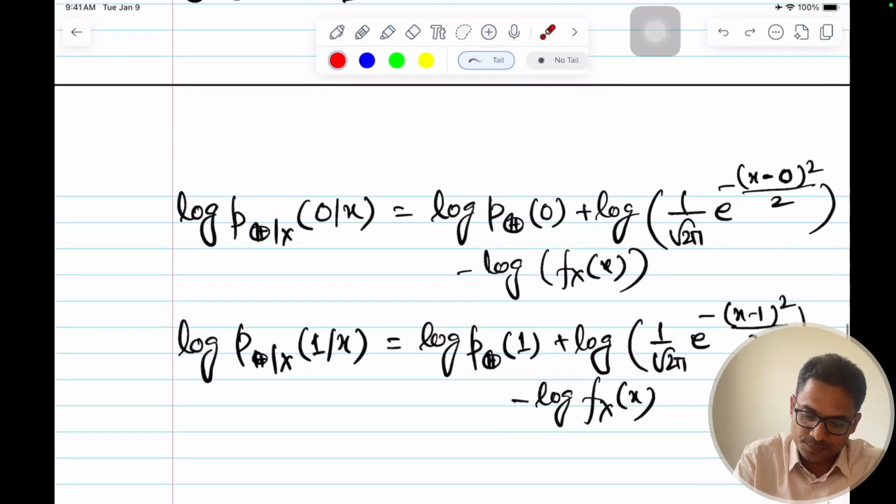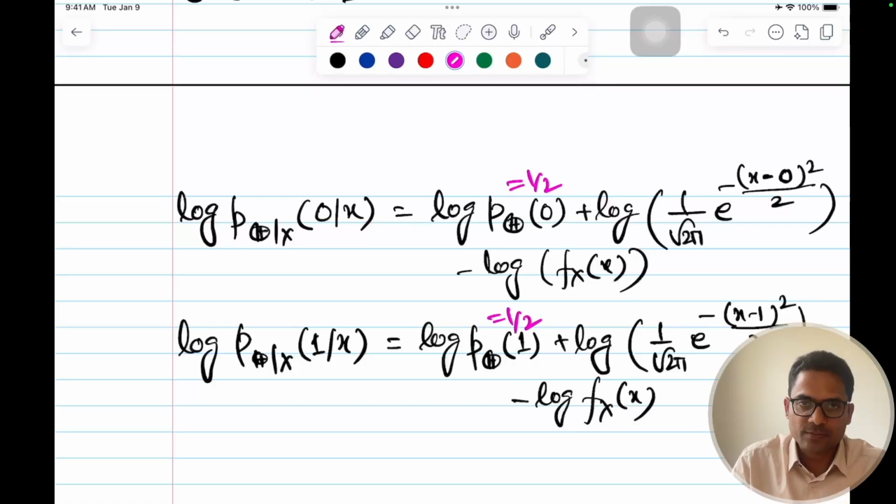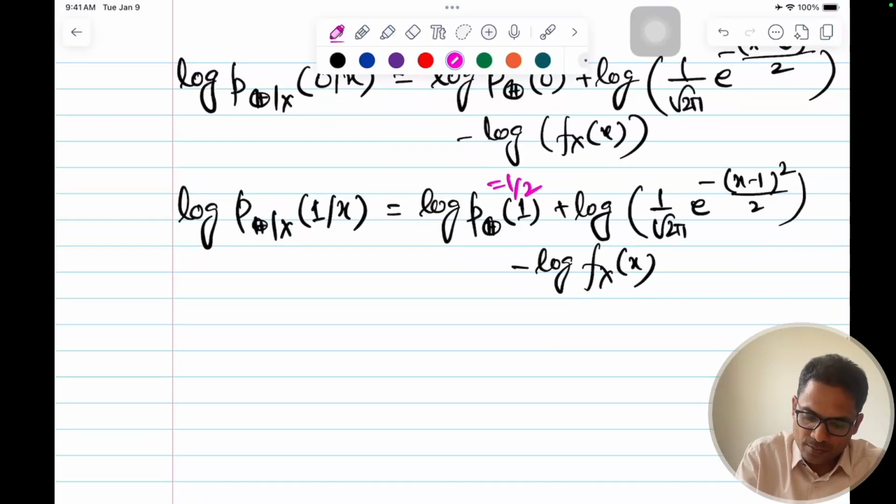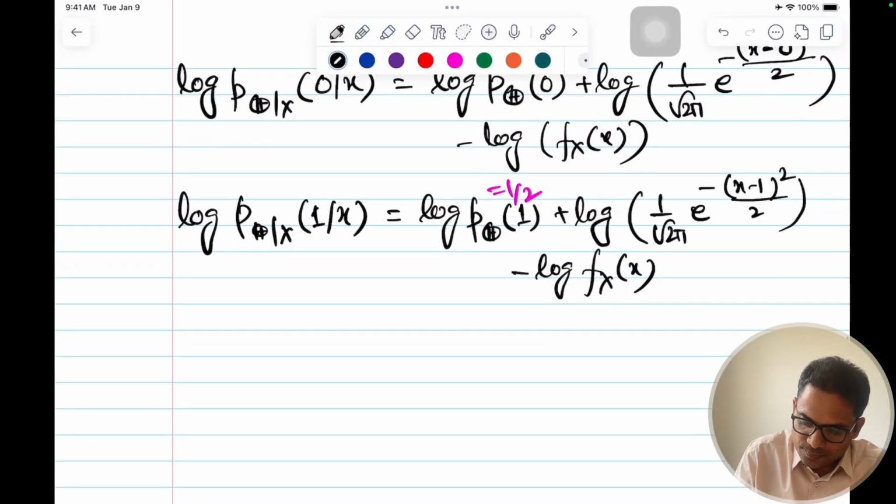Both are same. This is equal to half, this is equal to half. We know that, and we'll expand the second term also. So this is same for both the cases.